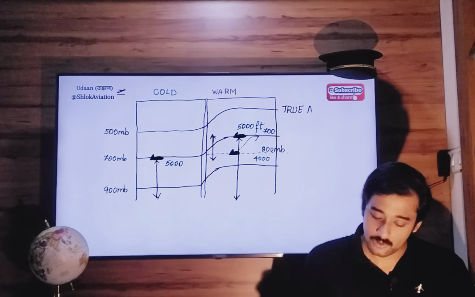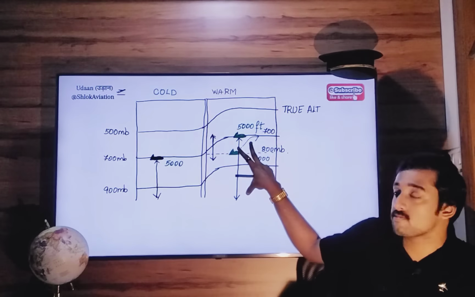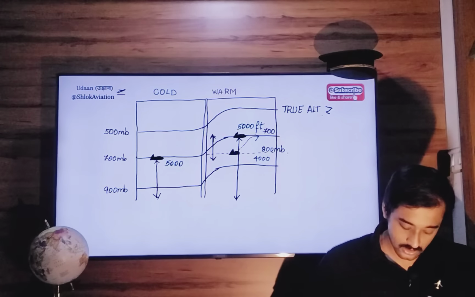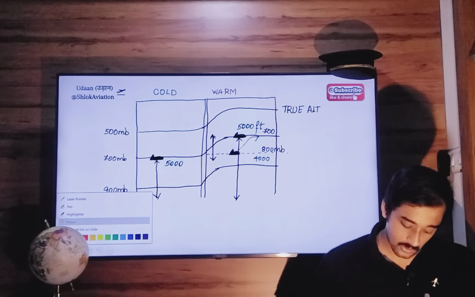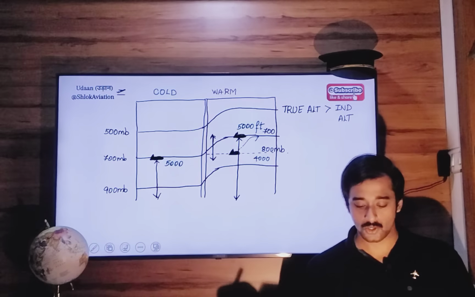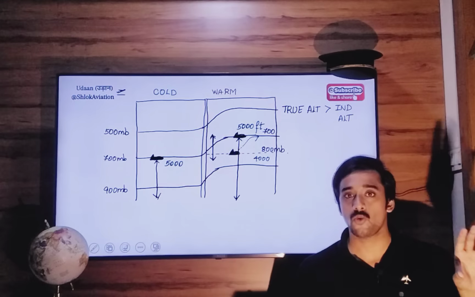True altitude was this much, and in the warm air mass, it is much bigger. So true altitude will be more than the altitude indicated by an altimeter, called indicated altitude. This is what happens when you fly from cold air mass to warm air mass.